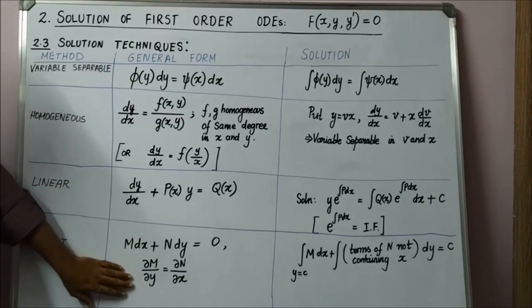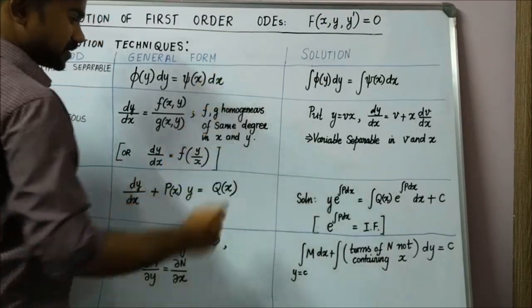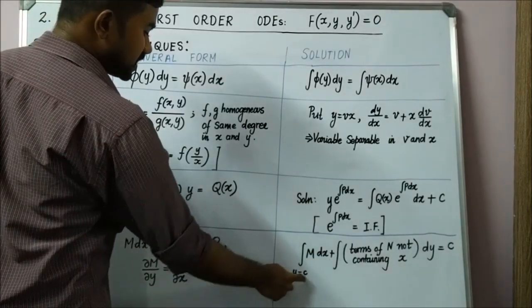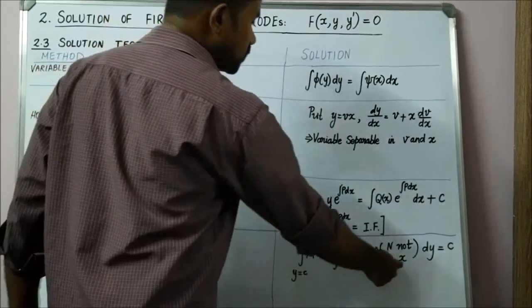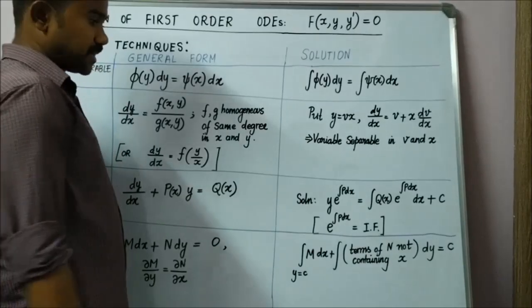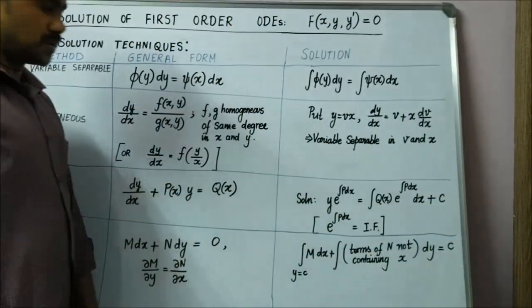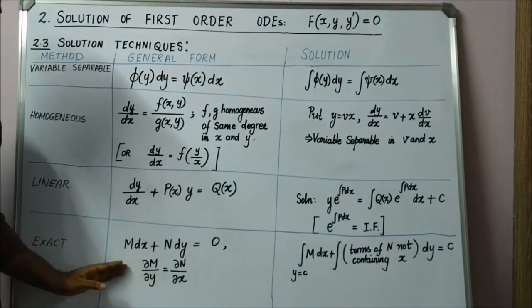Once you know it is an exact equation, you can directly obtain its solution using this shortcut method, that is integral m dx treating y as a constant plus in the second integral you take only the terms of n not containing x, and that you integrate with respect to y and equate it to a constant. So the expression you get will be a solution to this exact equation.